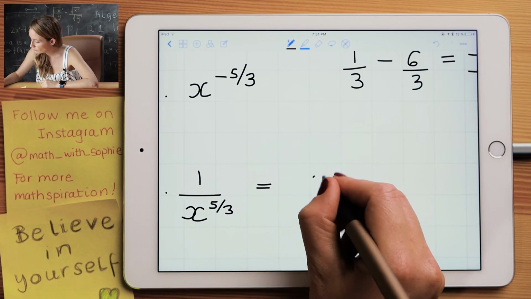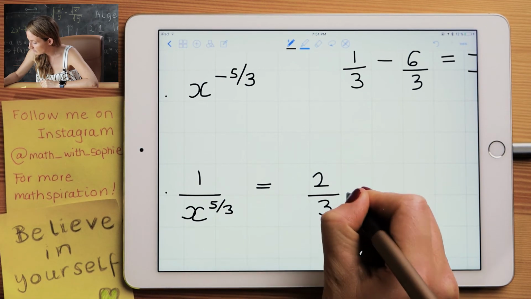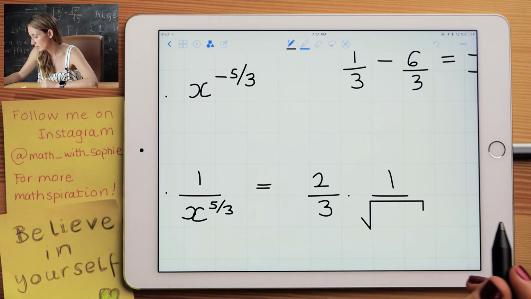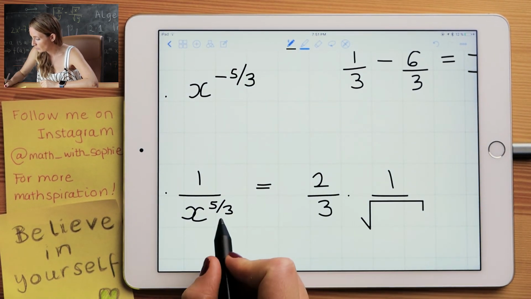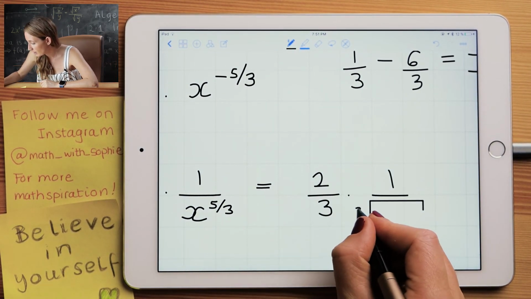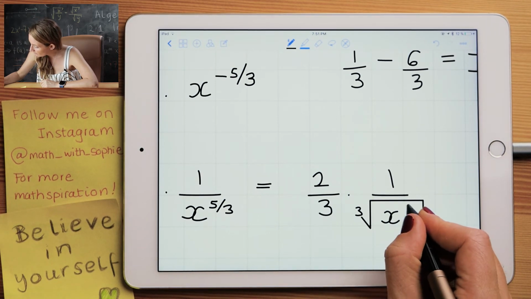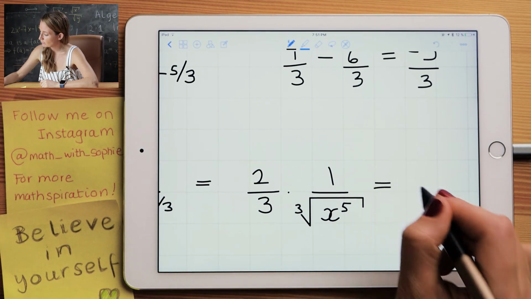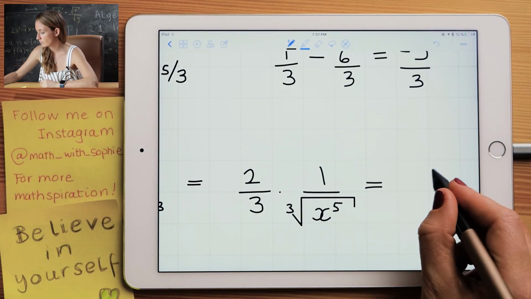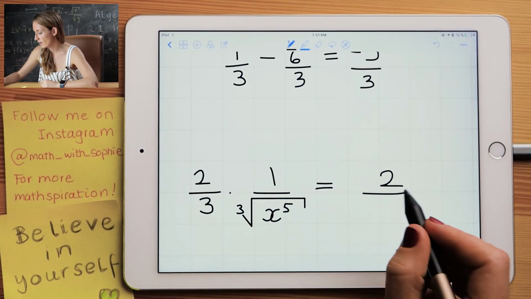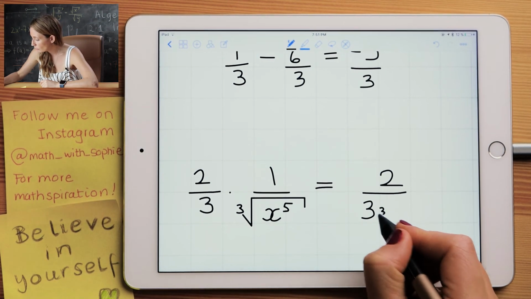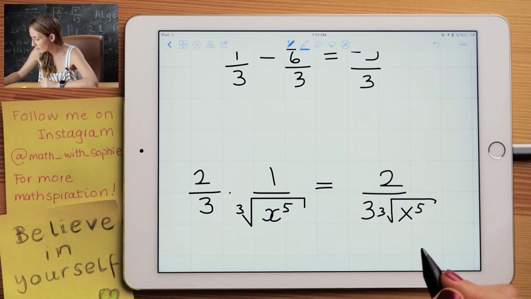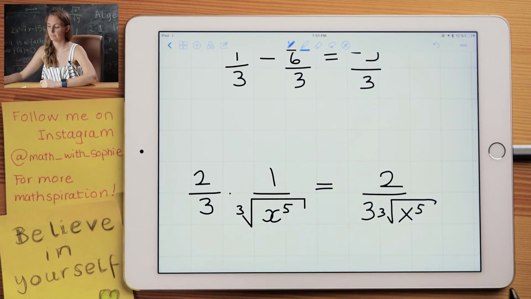So I'm going to have 2 thirds times by 1 over, draw my root. Now out here on the root, I'm going to put the bottom number, the 3, and I'm going to have the 5 as the power up top. If you want to write it a little bit more neatly, you can say 2 times 1 is 2 divided by 3, the cube root of x power 5.